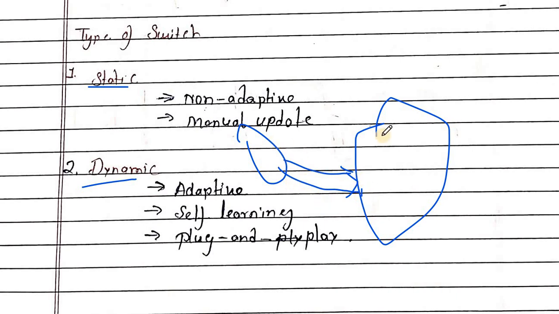If we connect the host to the switch, we can now transfer the packet or frame through the switch. We don't need to manually update the MAC address in the switching table. It will automatically add this newly connected host's MAC address into the switching table, no need to add it manually.